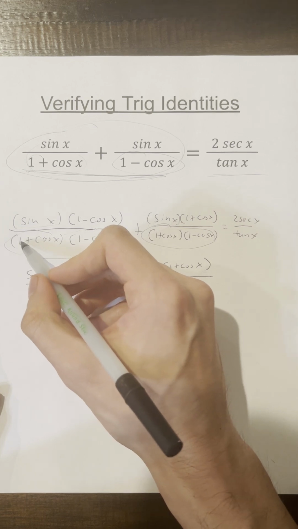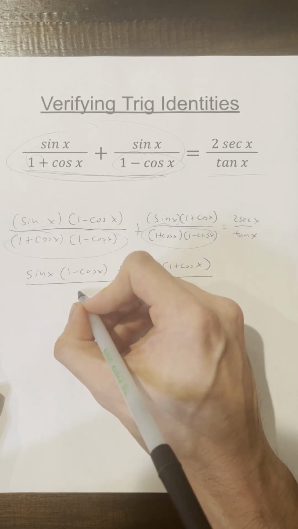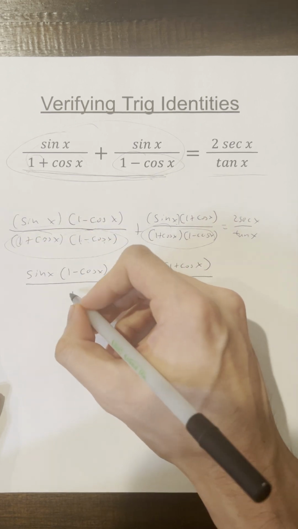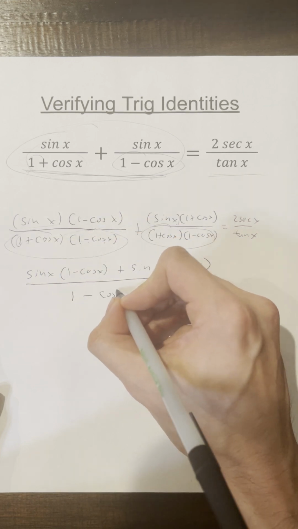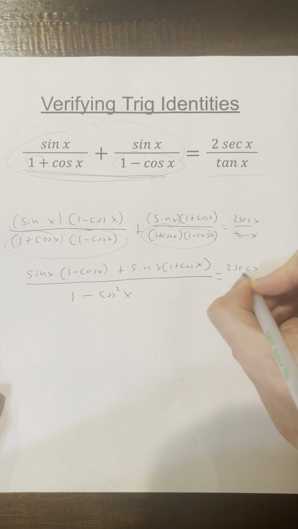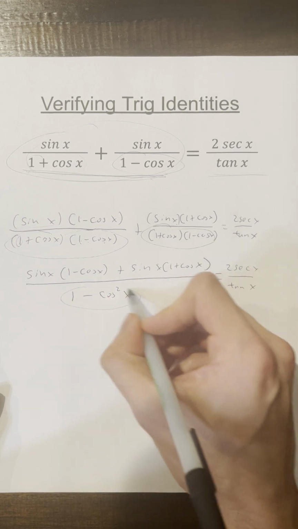Okay, so we got 1 plus cosine, 1 minus cosine. So that's difference of squares. So 1 squared, just 1, minus cosine squared. What's 1 minus cosine squared?